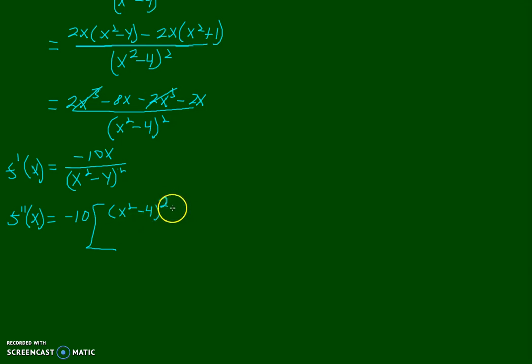D high is just 1 minus high, which is x, times d low. This is going to be 2 times x squared minus 4 times the derivative of the inside, 2x, over low squared.